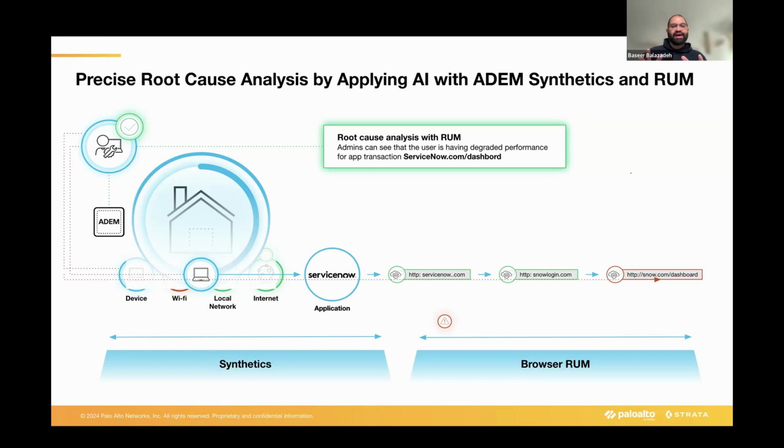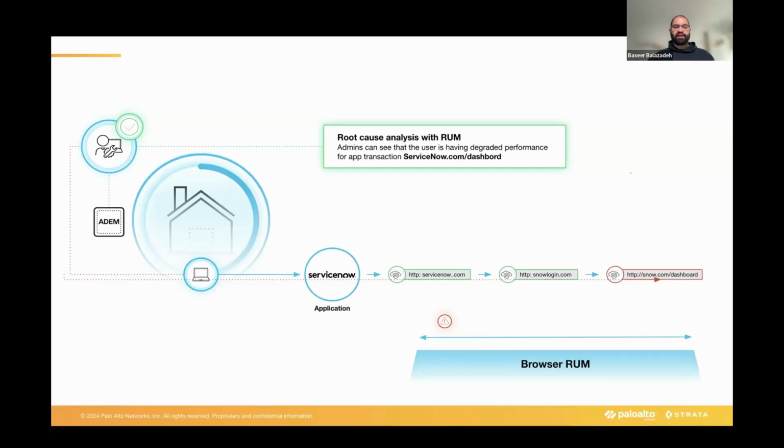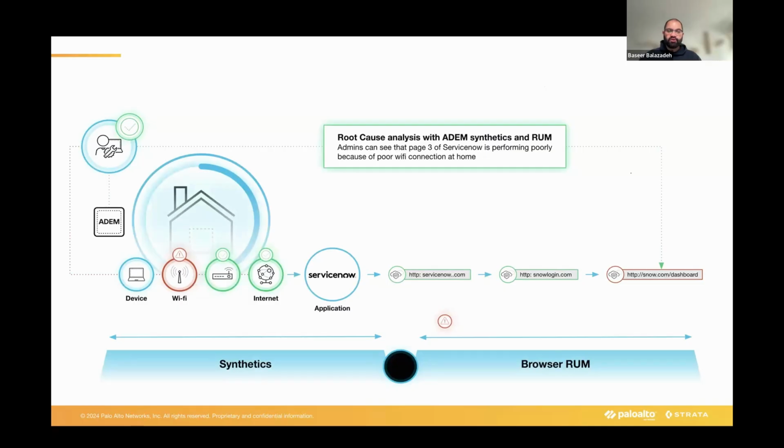Now, combining that with the real user monitoring extension that gets deployed into the browser, we're combining the human aspect of it. Synthetics is machine-to-machine communication. RUM is human-to-machine communication. Combining these two together, we're able to provide a very powerful view into what the problem is with click number 4 or click number 5 of a web page.